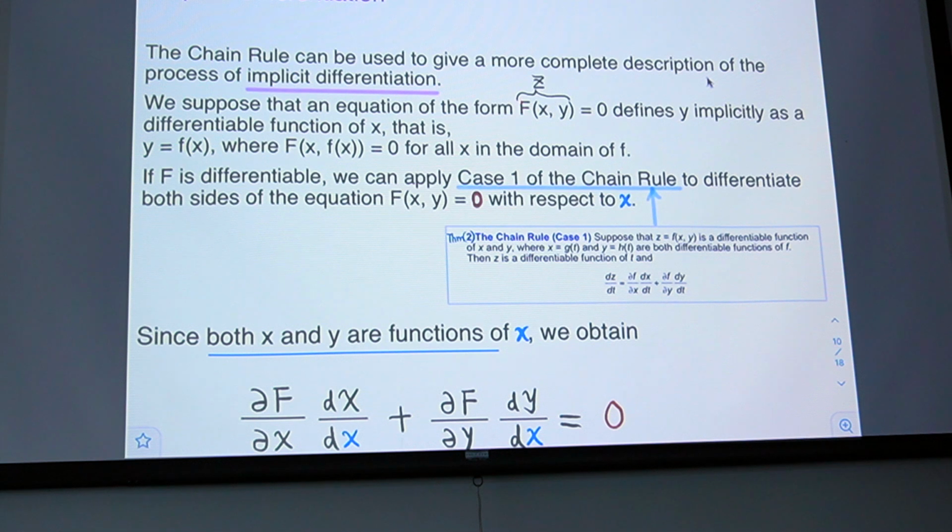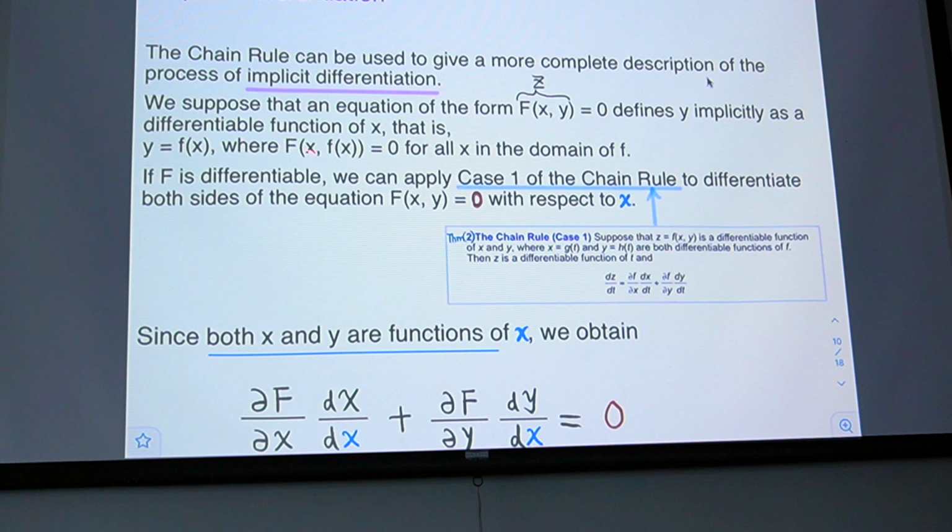Then in this function big F, we can replace this y by f of x because y is a function of x, for all x in the domain of the small f.